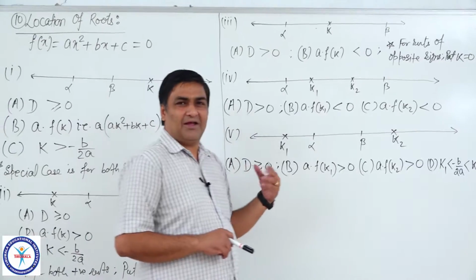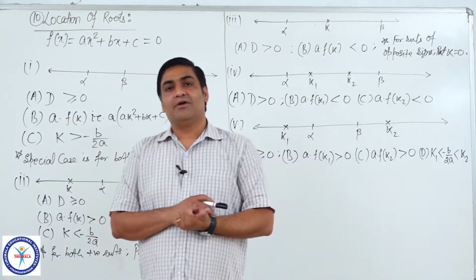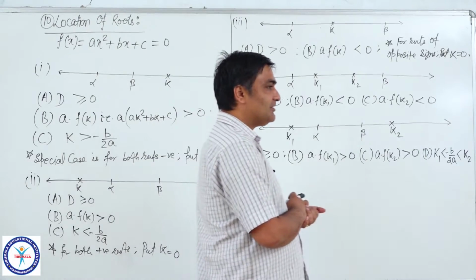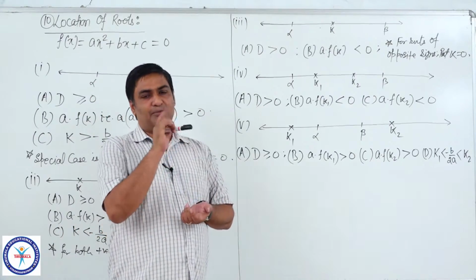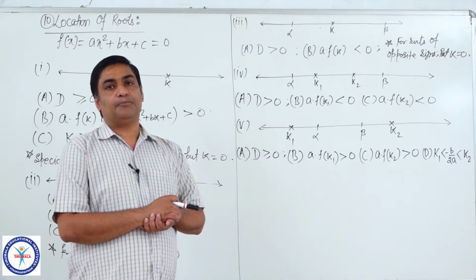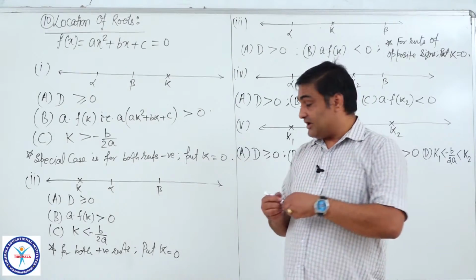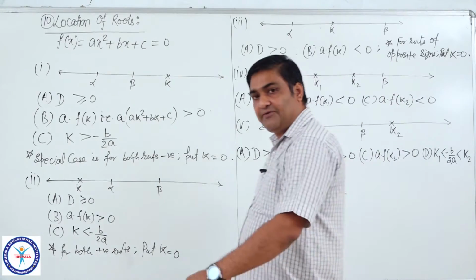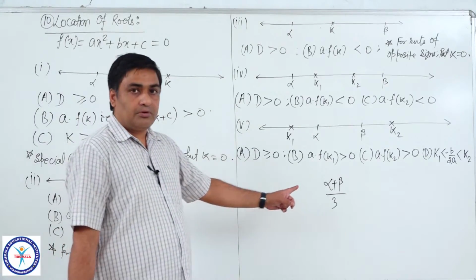If we take any point in between alpha and beta, that will be okay. I said yes. So why not alpha plus beta by 3? He asked. We can think that alpha plus beta by 2 is always between alpha and beta. But do you think that alpha plus beta by 3 is always between alpha and beta? Is it so?